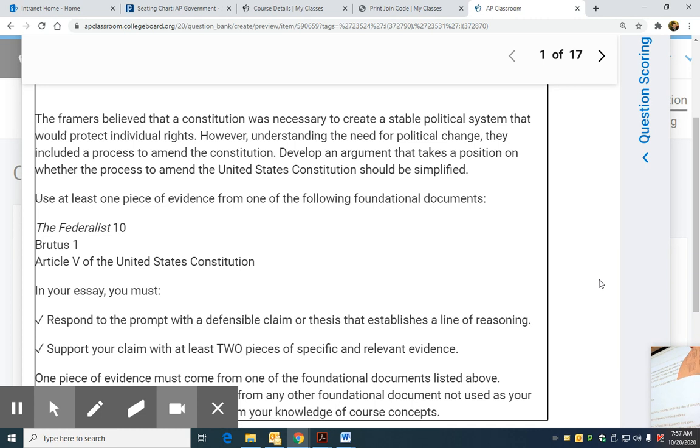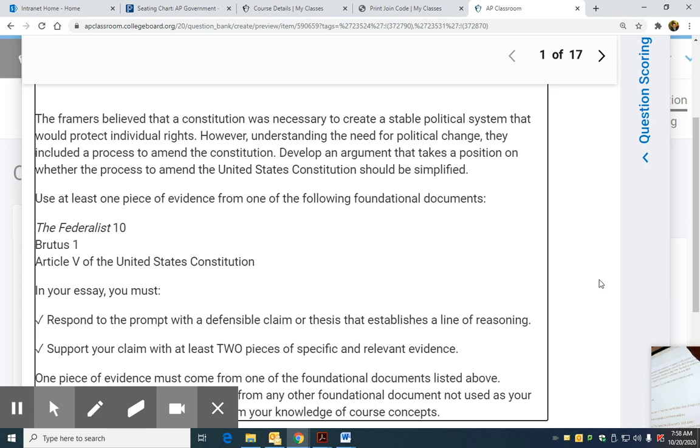Then once it's proposed, where does it go for ratification? The states. Exactly. So 2/3 of Congress proposes an amendment, and what majority of the states can ratify the amendment? 3/4. Very good. 2/3 of Congress proposes, 3/4 of states ratify it.